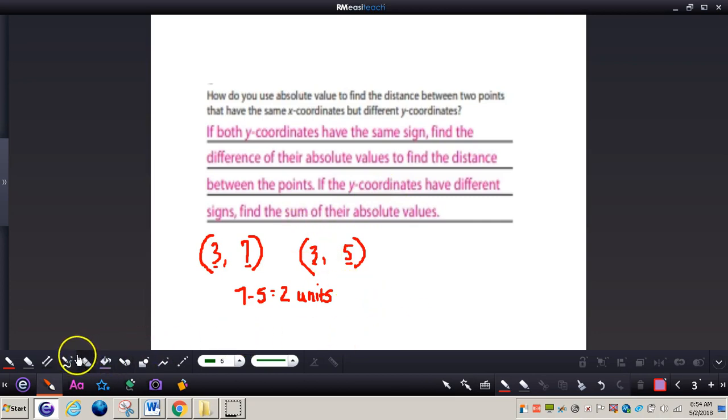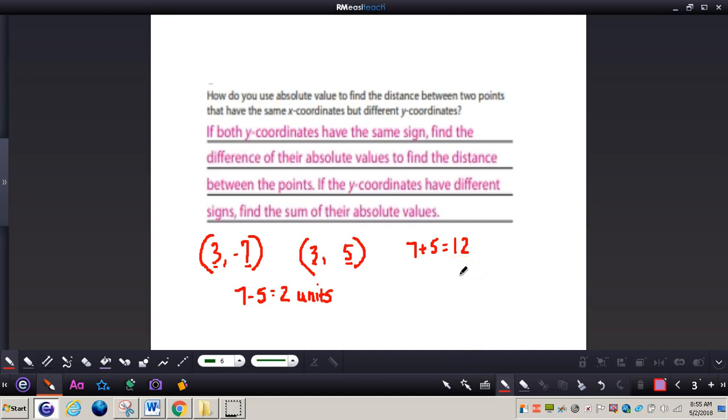So for example, let's say I have (3, -7) and (3, 5). What I do is I find their absolute values. So we know absolute value of 7 is 7, absolute value of 5 is 5. You find the sum. In other words, we add 7 plus 5, and that's going to give us 12 units away from each other.